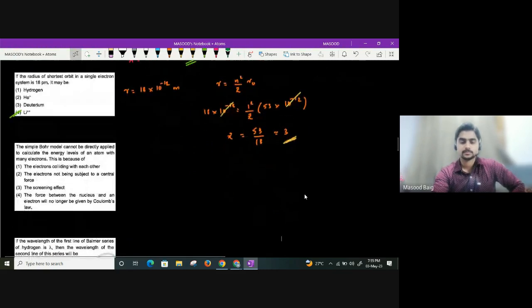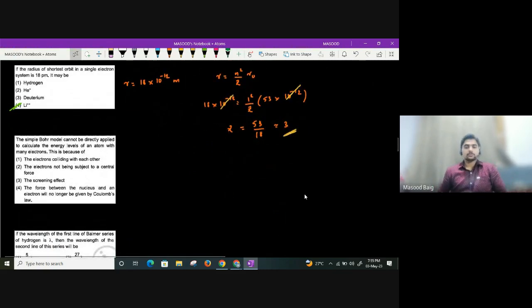Next case. Simple Bohr model cannot be directly applied to calculate the energy levels of an atom with many electrons. It is applicable to only single electron system, guys. So why can we not apply it? The electrons collide with each other, electrons not being subjected to a central force.